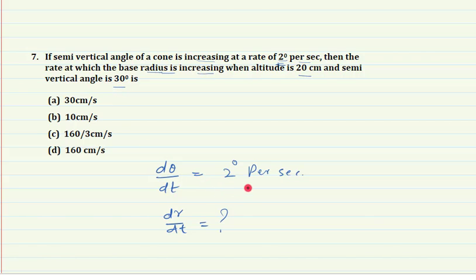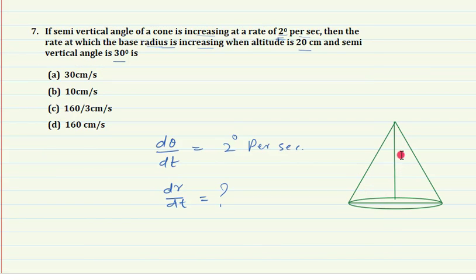So to understand this problem, let me draw a figure. In this cone, let us suppose that the semi-vertical angle is theta at any moment, and altitude is given as 20 centimeter. Let us consider that at that moment when the semi-vertical angle is theta, the radius is r.